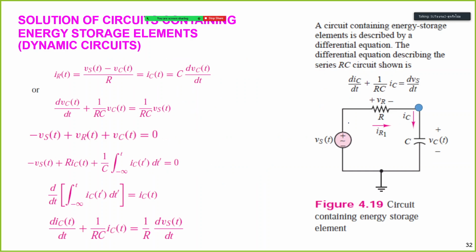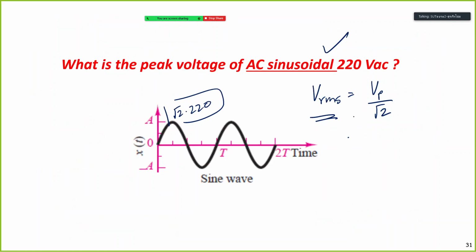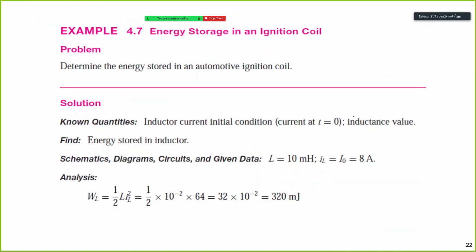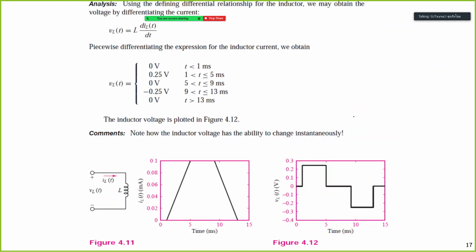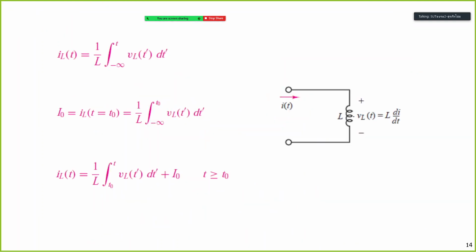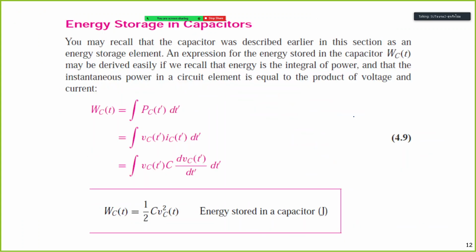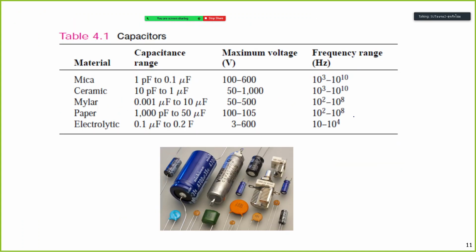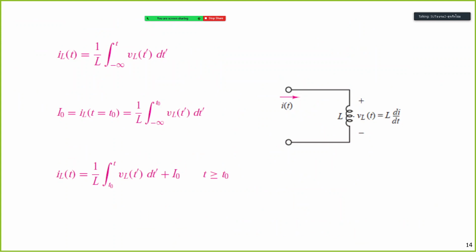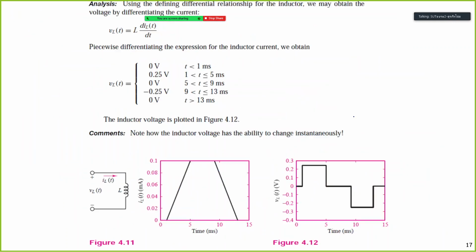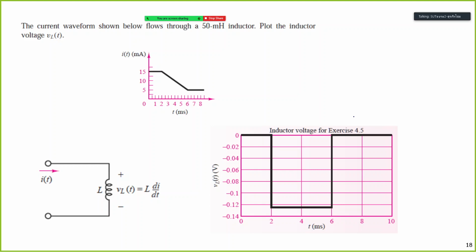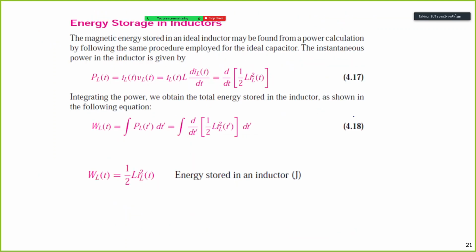So now this type of signal will affect the storage devices, because it changes according to time, right? Last time I talked about the storage devices, which are the capacitor, like this, and the inductor, like the coil. This type of device reacts to the rate of change of the current and the voltage.